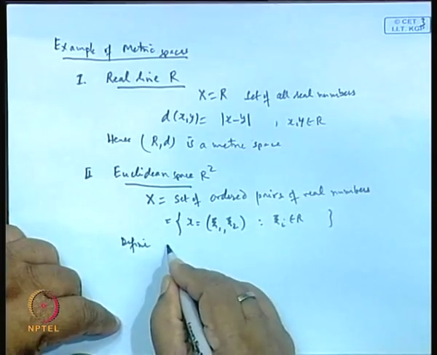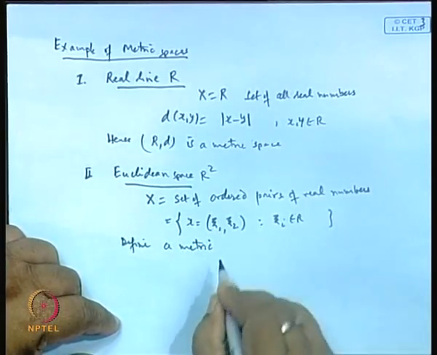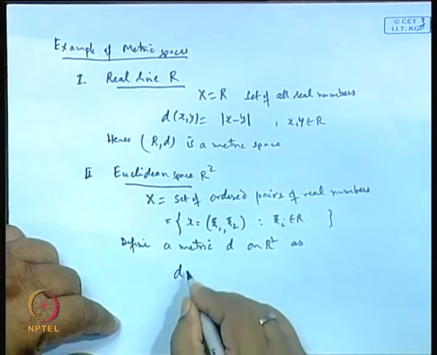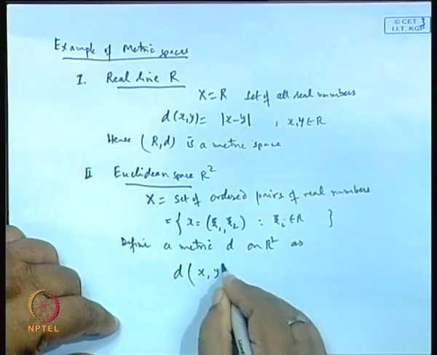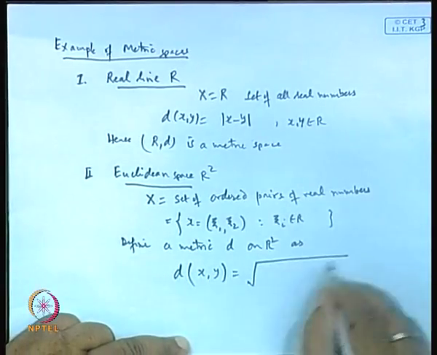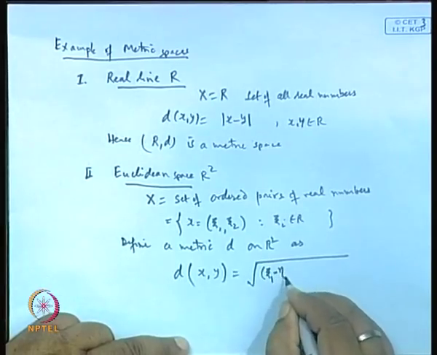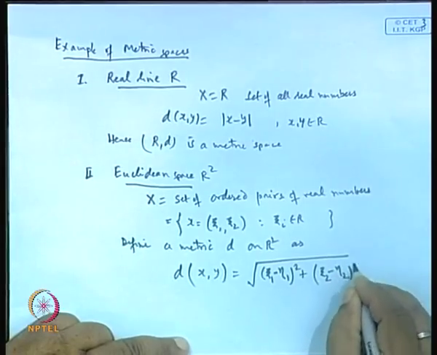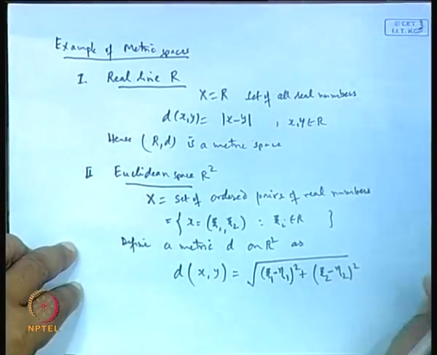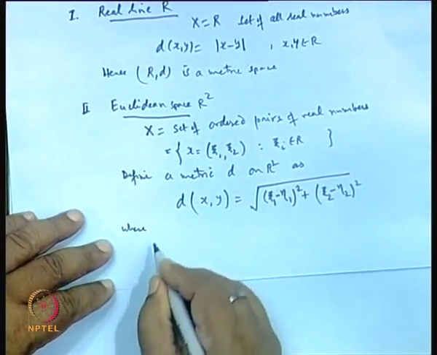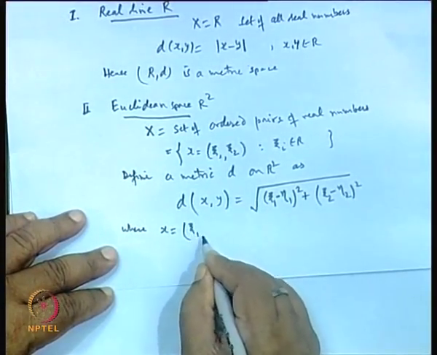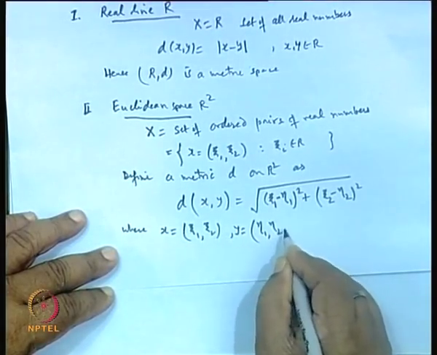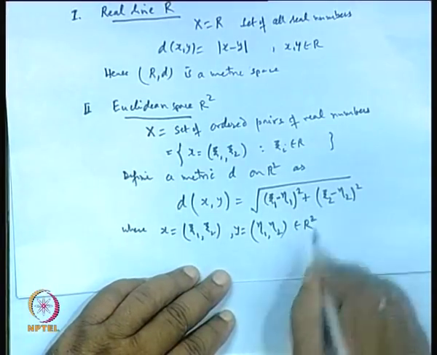the notion of the distance on R2 as d(x, y) is the square root of (xi1 minus eta1) whole square plus (xi2 minus eta2) whole square, where x is (xi1, xi2) and y is (eta1, eta2), both are points in R2.